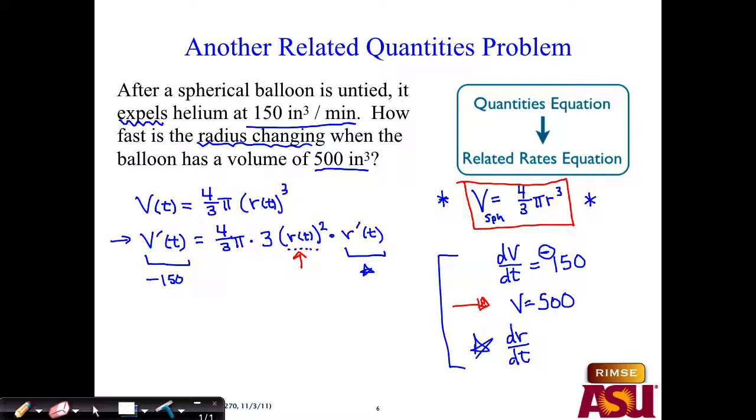The other relationship helps us relate rates of change of those with respect to time, but this one, if I know that the volume is supposed to be 500, then the radius is something findable. I don't have to make it look pretty, but I can divide by 4/3 pi and take a cube root.